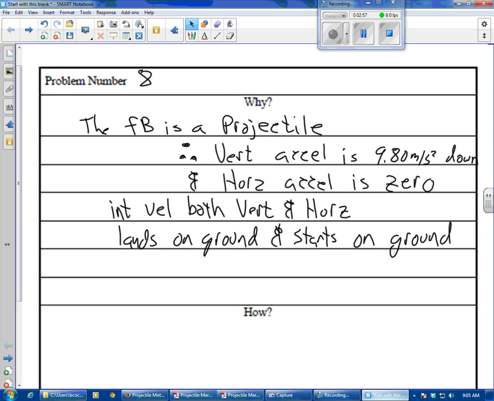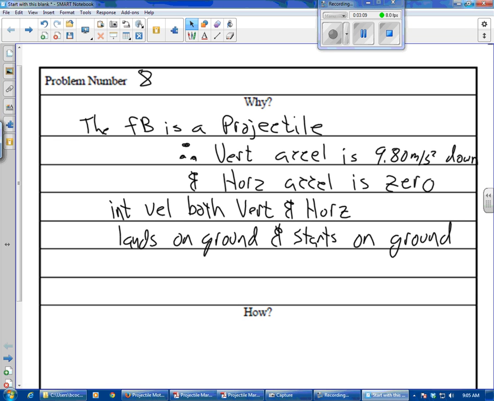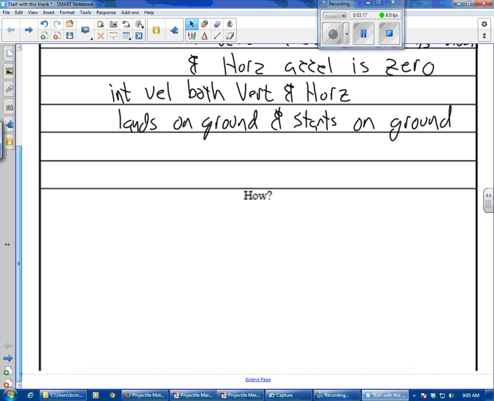All right, so now the first thing I'm going to do is draw myself a little picture just to better situate my mind around it. I've got the ground.